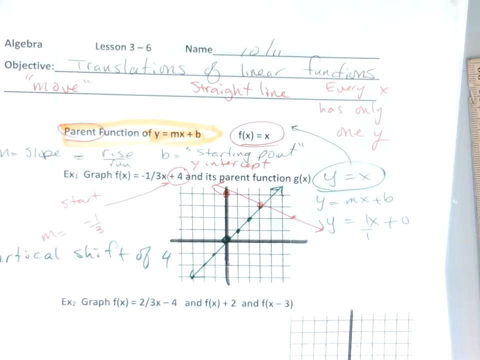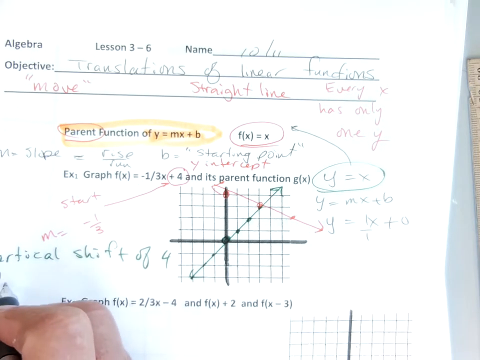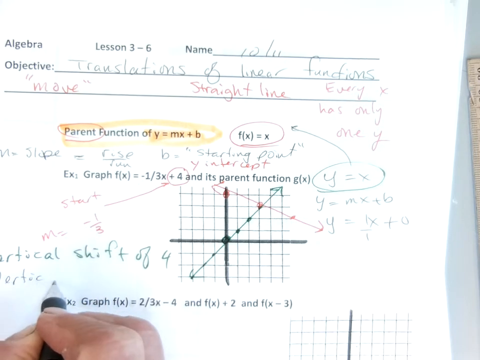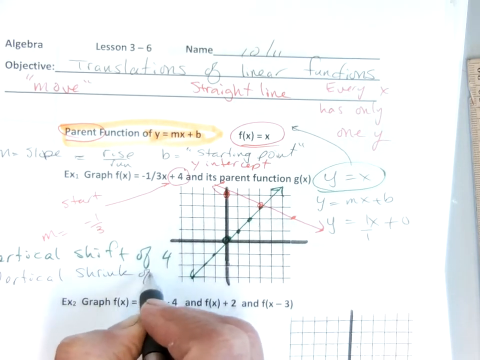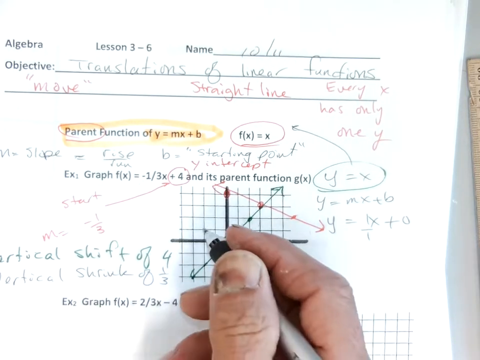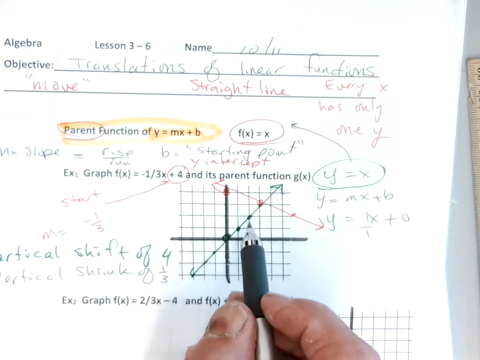And then I made it 1/3 as tall. So I did a vertical shrink of 1/3, because it's 1/3 as tall. And then by making the x negative, I just rotated over the y.